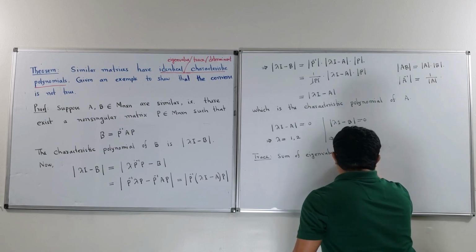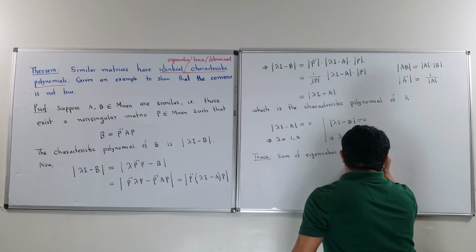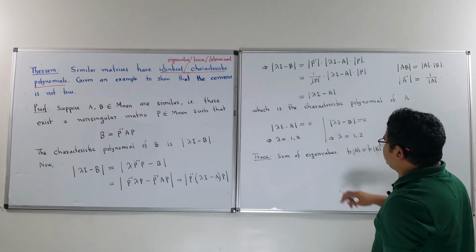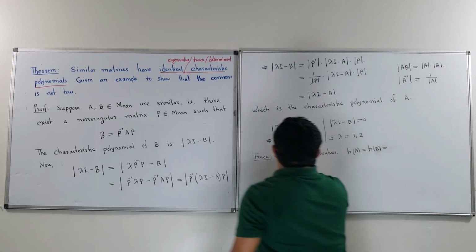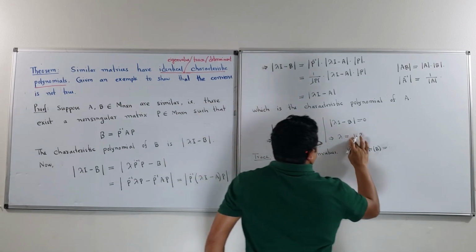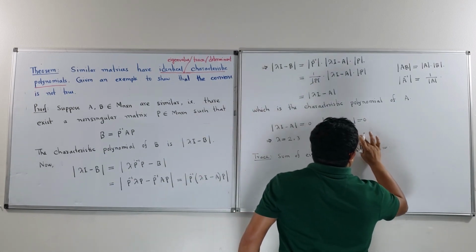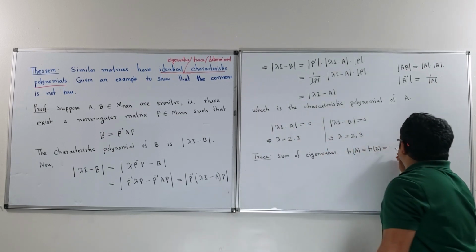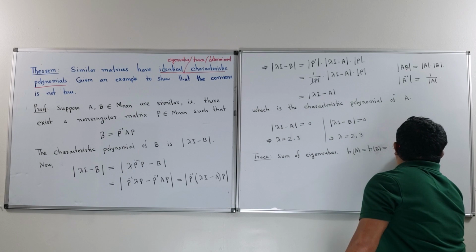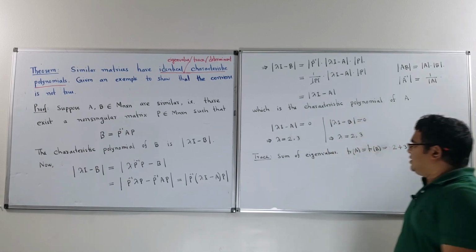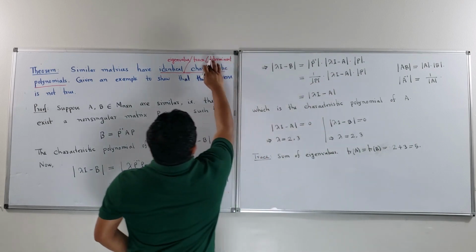Let's say the eigenvalues are 2 and 3, and the same 2 and 3 for the other. So the trace is 2 plus 3, which is 5. So the trace is the same for both matrices.